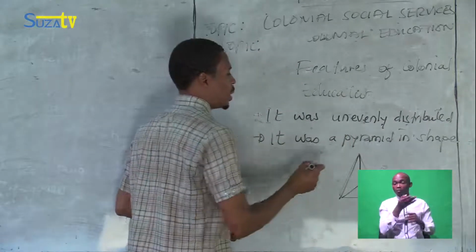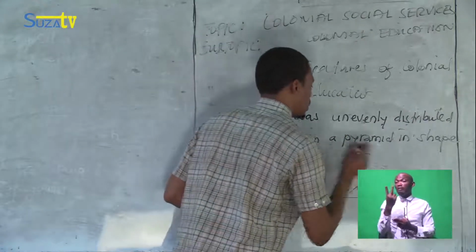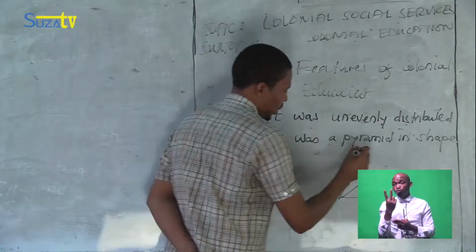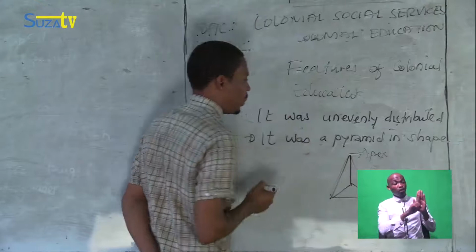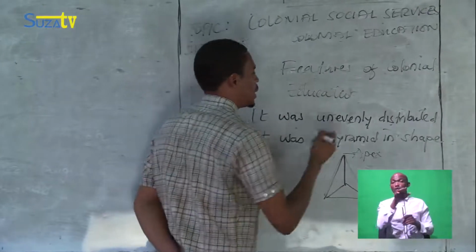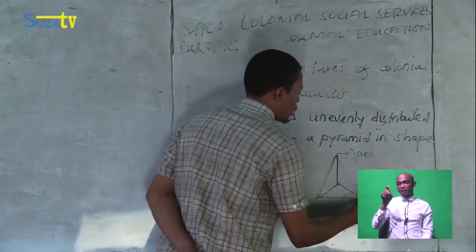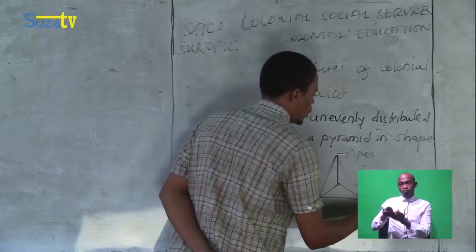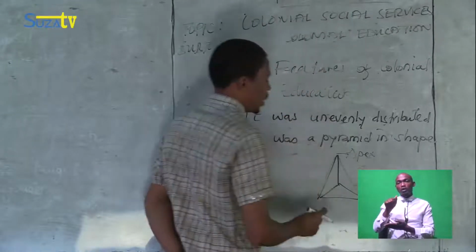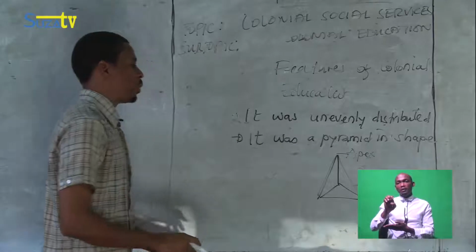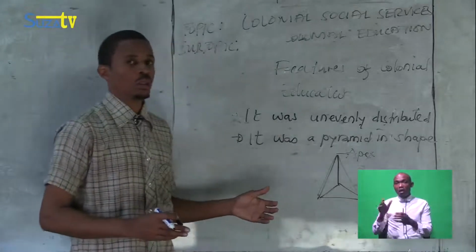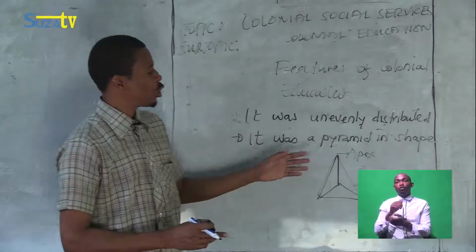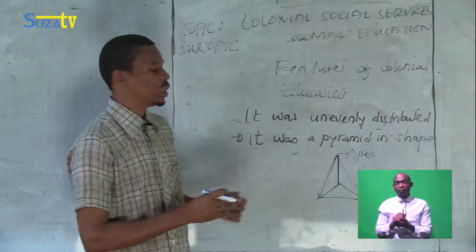In a pyramid shape, we have two areas. We have the top, which we can call the apex, and we have the base. As we can see, the base is too large compared to the top or apex, which is too narrow.